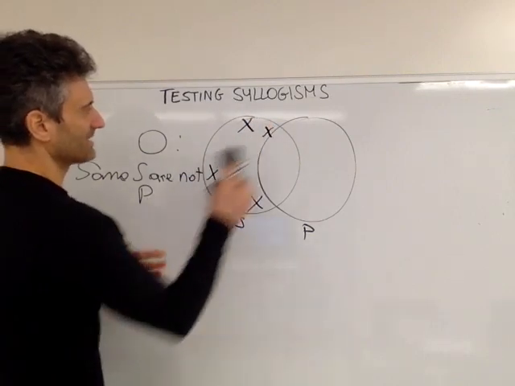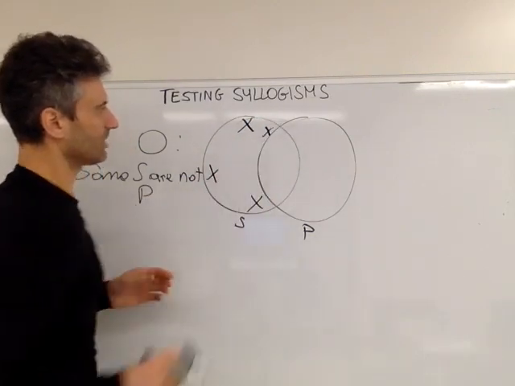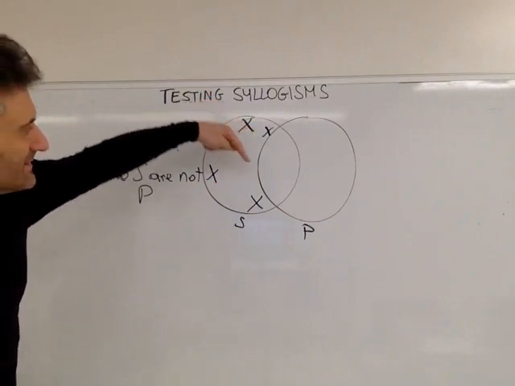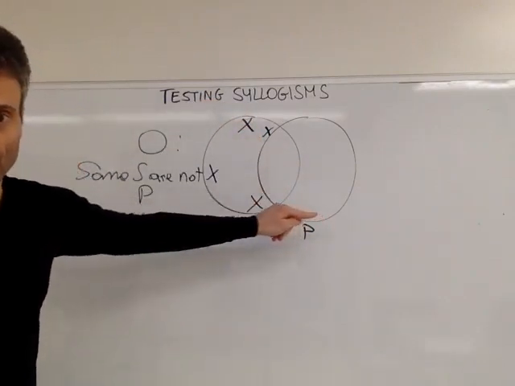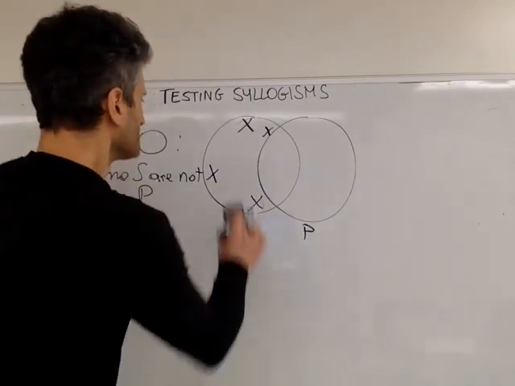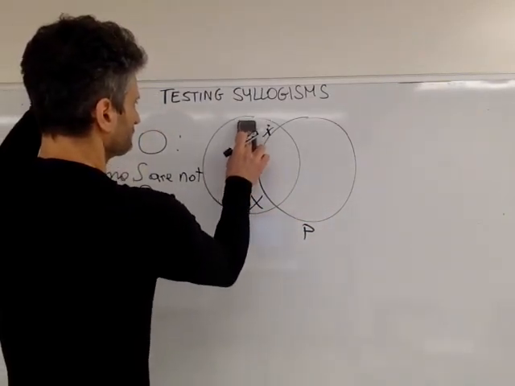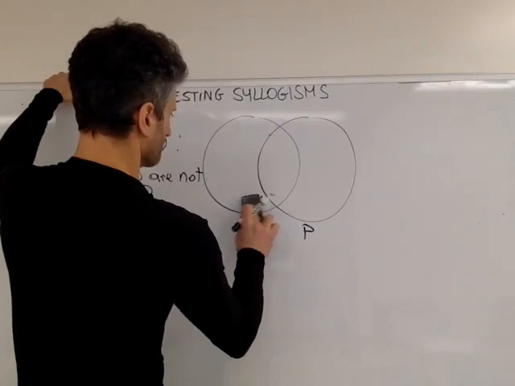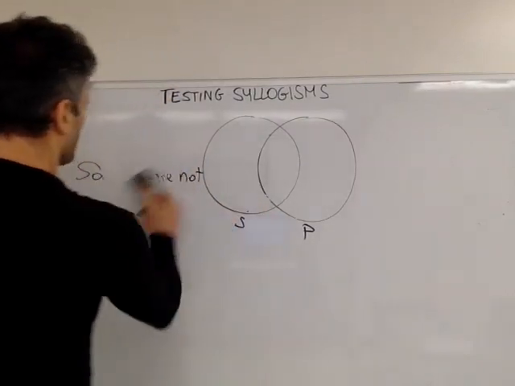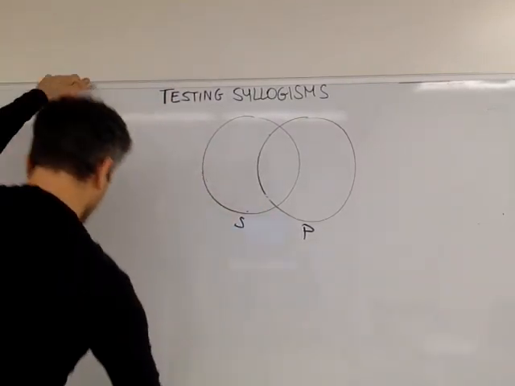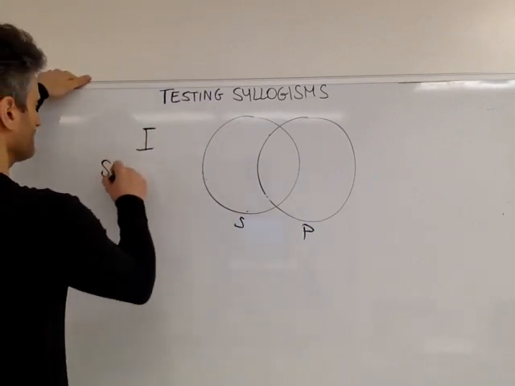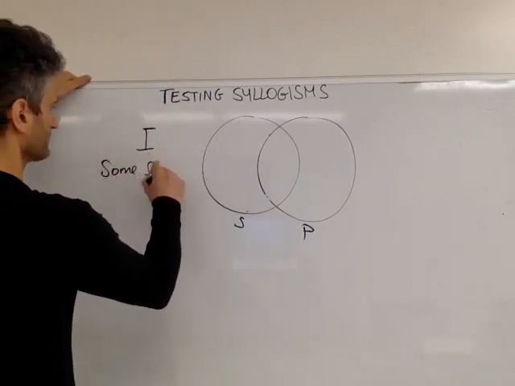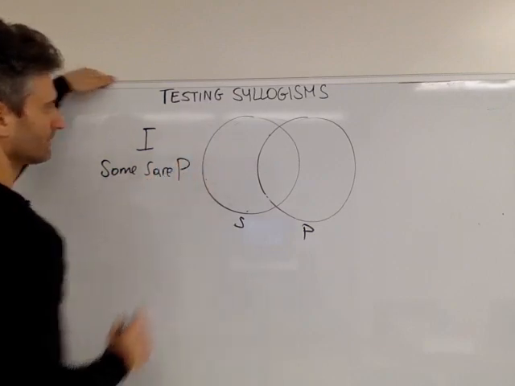It doesn't matter, as long as it's not in area 2 and area 3. Okay? So remember this. Similarly, with regard to an I form, some S are P, okay?